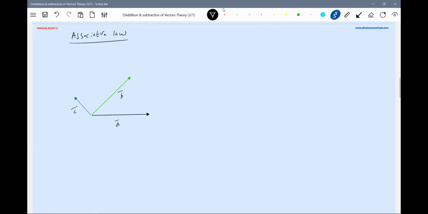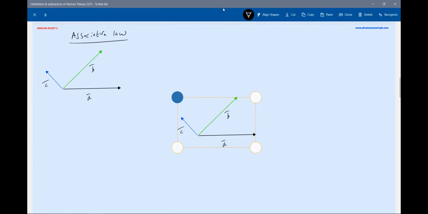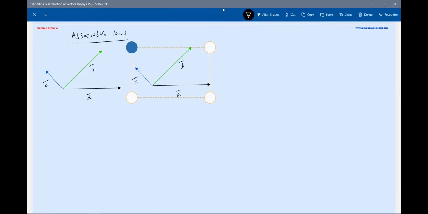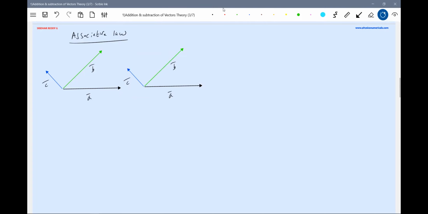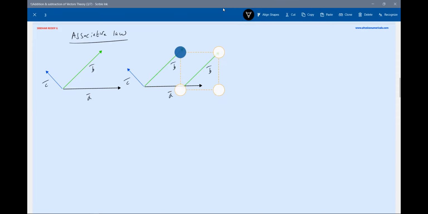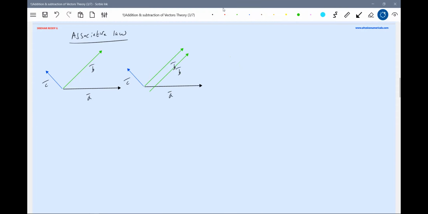So what a student does is first add a bar and b bar, and the resultant you will add to c bar. So first if I add a bar and b bar, there's a primary diagram, which let me keep aside for reference. Here we are going to shift the b bar.